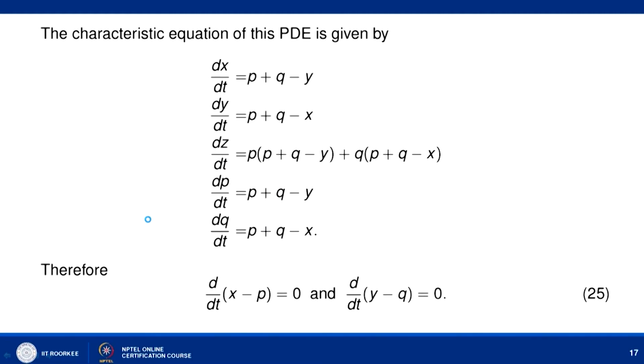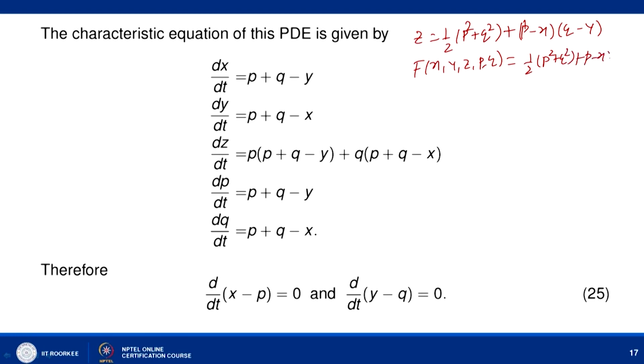Here the characteristic equation of this PDE is obtained as follows. We have z equal to 1 by 2 (p square plus q square) plus (p minus x)(q minus y). So we can write F of x, y, z, p, q equal to 1 by 2 (p square plus q square) plus (p minus x)(q minus y) minus z.